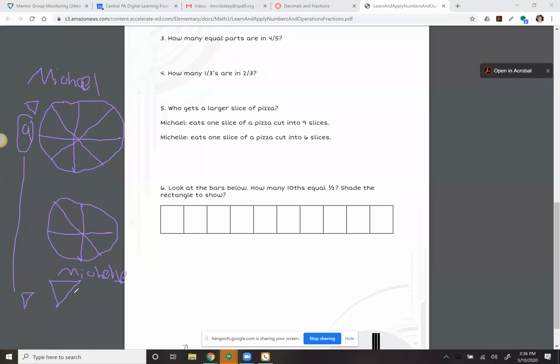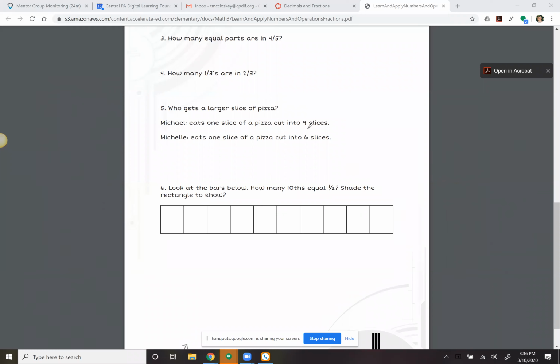Michelle, because if we have the same identical size pizza, the pizza's the same, but once we cut it, 9 is more than 6. And because there's more slices, they're going to be smaller. So you actually get a bigger piece of pizza from the 6 slices than you do the 9. That was a tricky one.